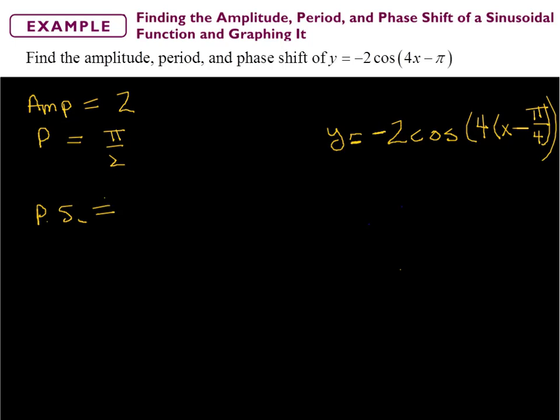So this is my A, this is my B, and this is my C, right? That's my amplitude. This is my phase shift.